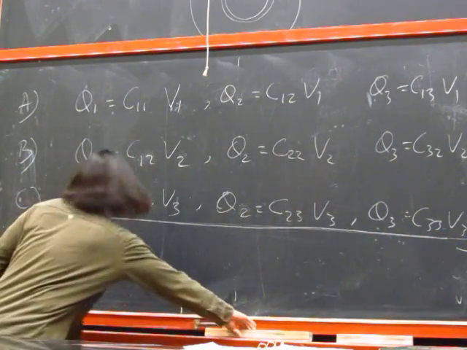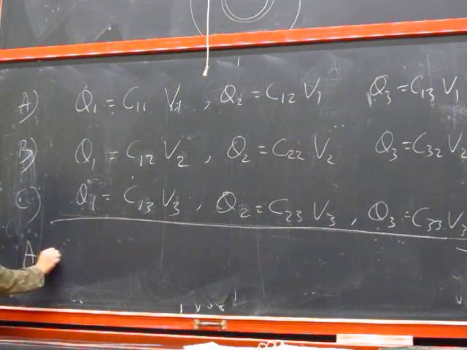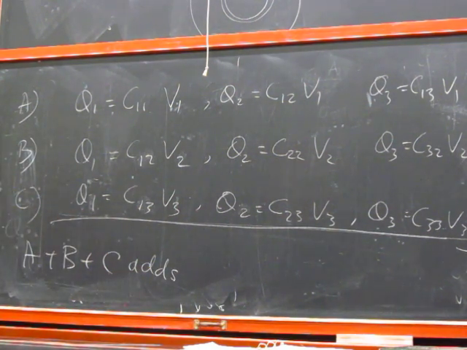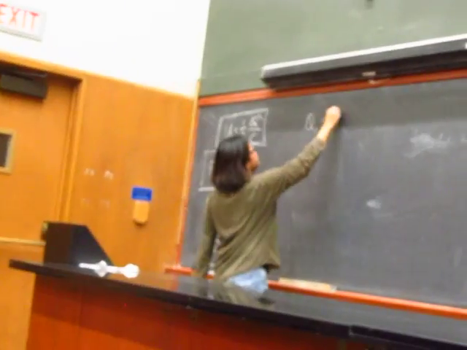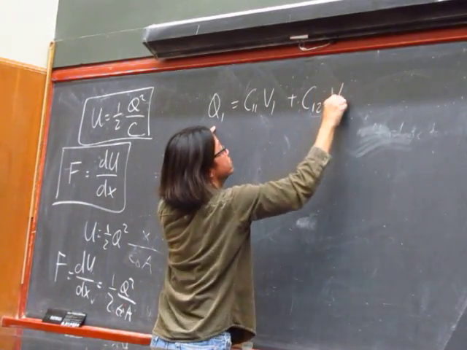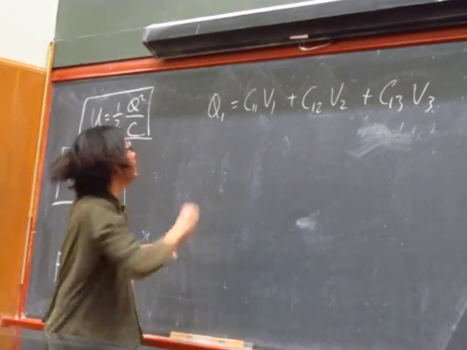Then this becomes a matrix multiplication. You are all familiar with matrices, right? No? Okay, but it's very simple. By the principle of superposition, A, B, and C act together. I'm not going to use matrices. You can just write Q1 is equal to C11 V1 plus C12 V2 plus C13 V3.